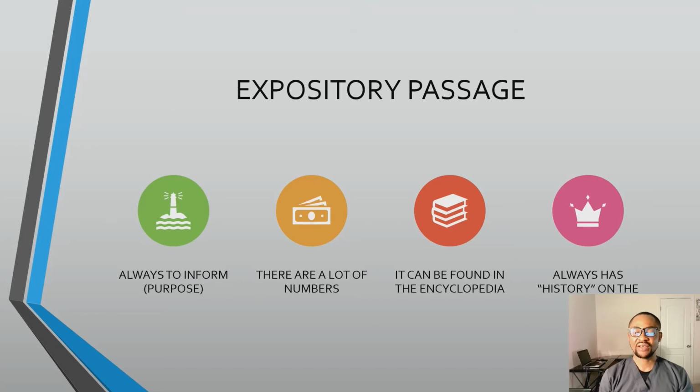And one other thing you have to bear in mind is that the title of the expository passage always has history in it. So bear these four points in mind. The expository passage informs, the purpose is to inform. There are a lot of numbers in the expository passage. It is extracted from the encyclopedia, and in the title you always see history.